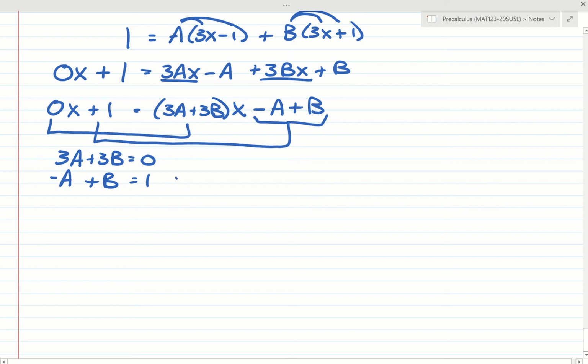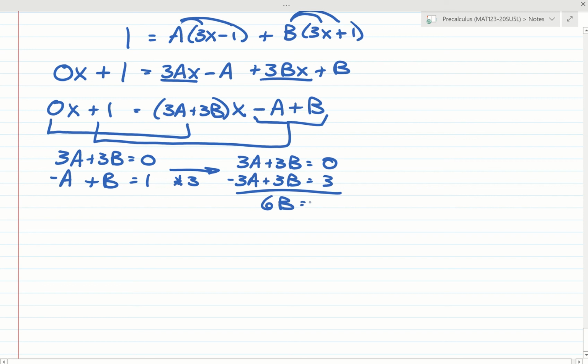Using elimination, I'll just multiply this bottom row by 3. We get 6b is equal to 3. So b is 3 over 6, or 1/2.